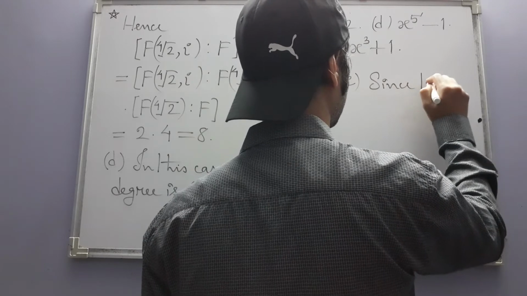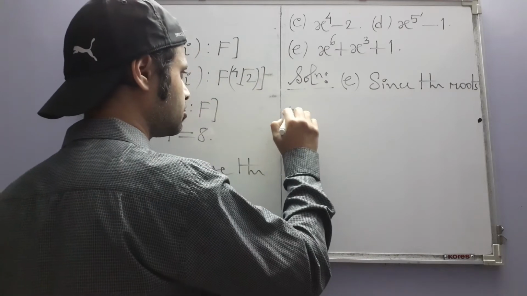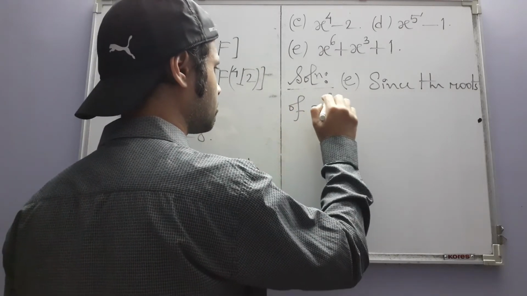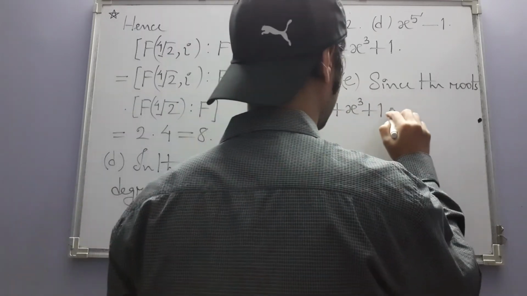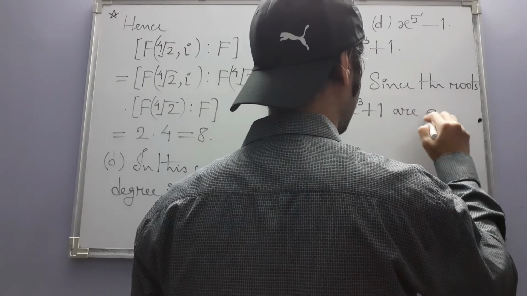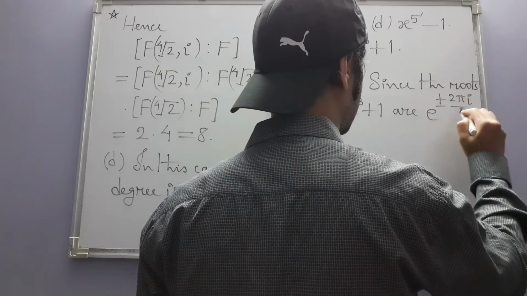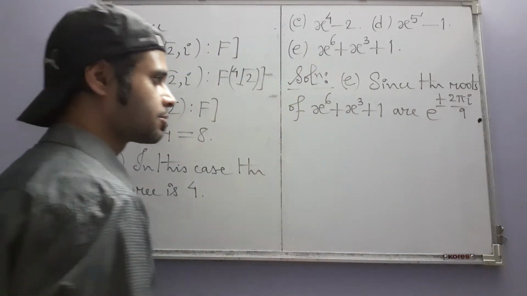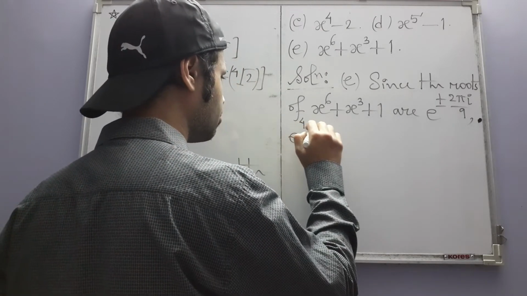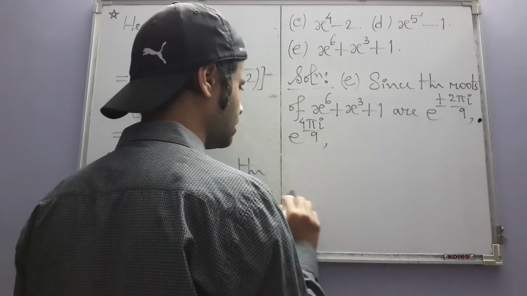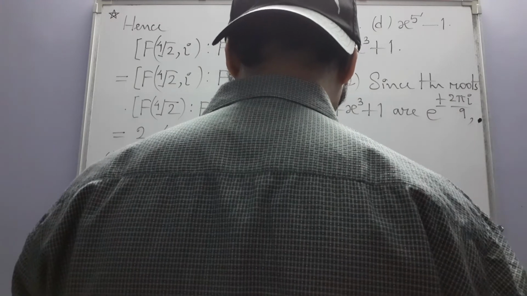Since the roots of this polynomial are e to the power, I am writing two of them at once, okay, like this, plus or minus 2 pi i divided by 9, then e to the power 4 pi i divided by 9, e to the power, I think 6 is also there.